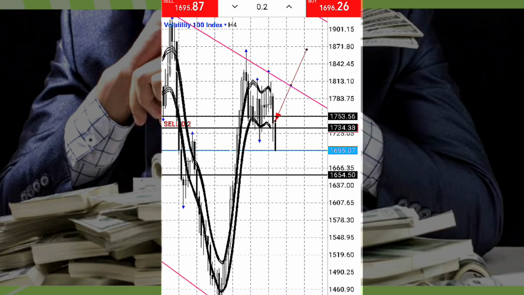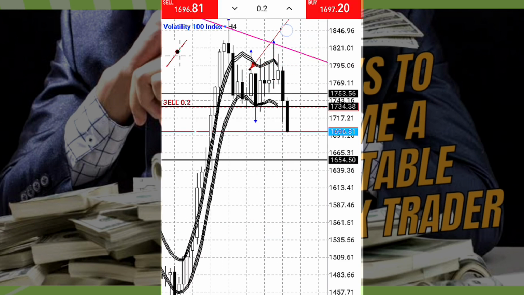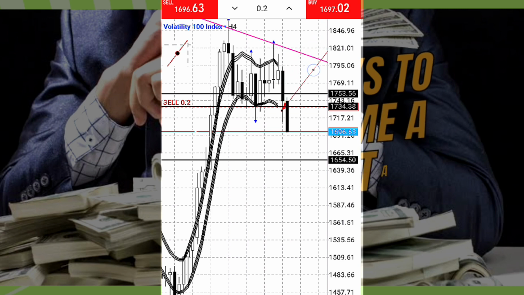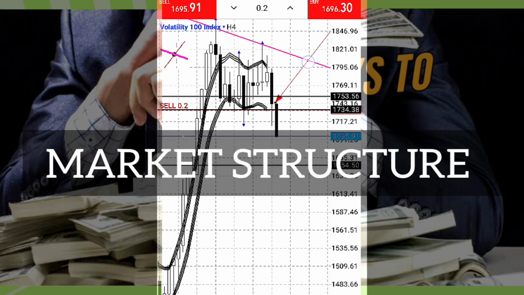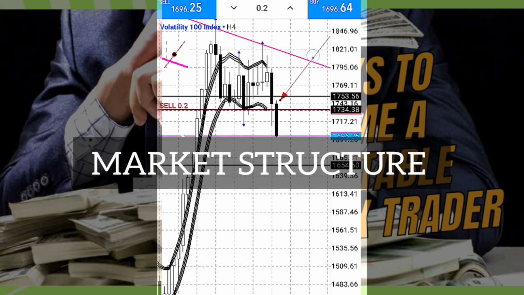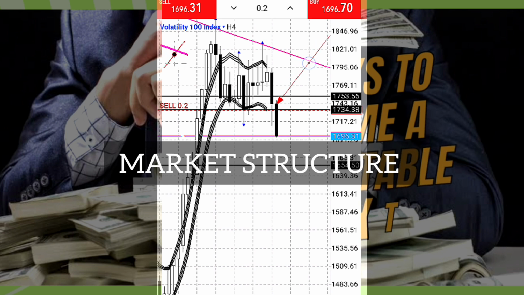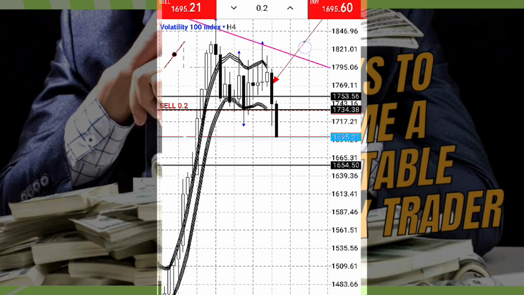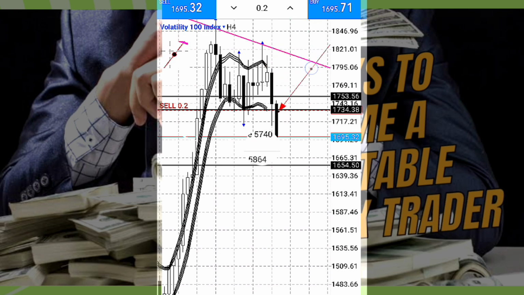Once you see a kind of structure like this, the M structure, at this spot you can see there's a kind of continuation, so just allow it to sell through. This is another way.